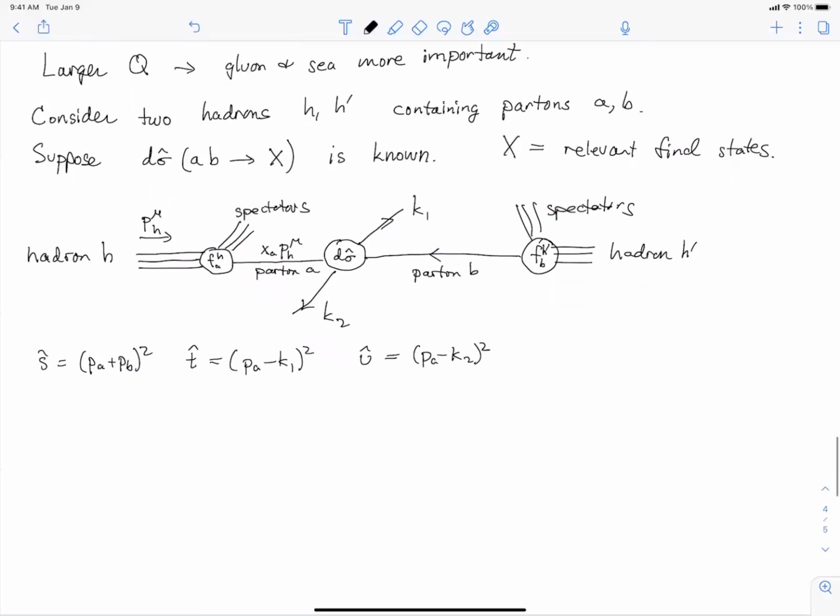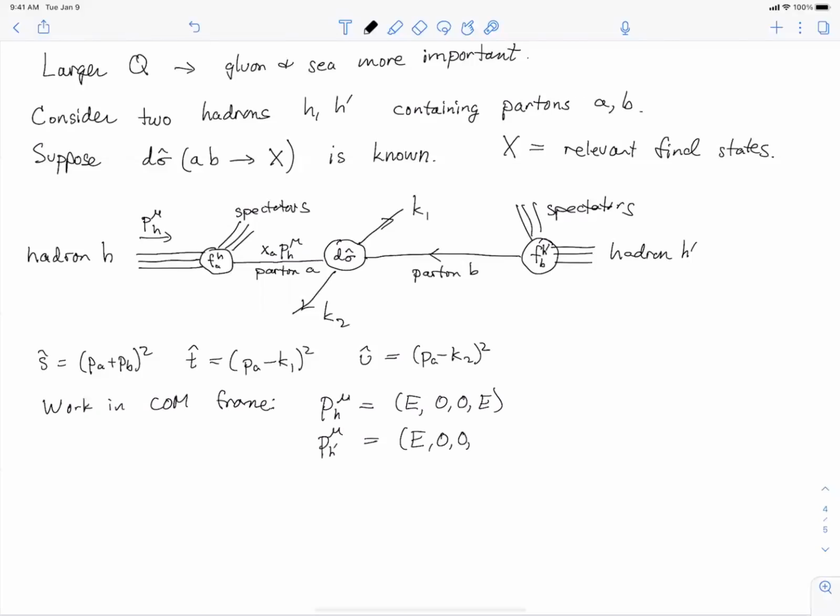Okay, for the hadrons, if we work in the center of momentum frame, p_H^mu, as I mentioned before, is (E, 0, 0, E). p_H prime is moving in the opposite direction, so that's going to be (E, 0, 0, minus E).